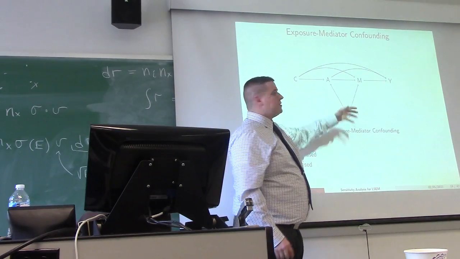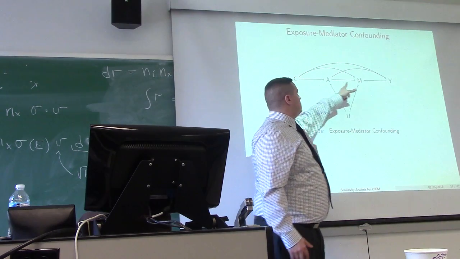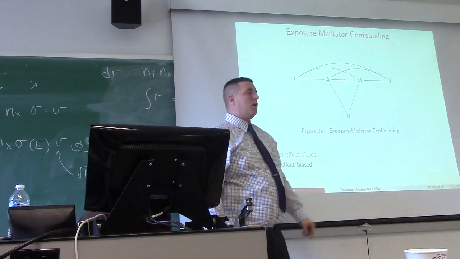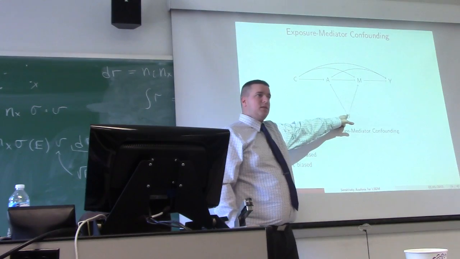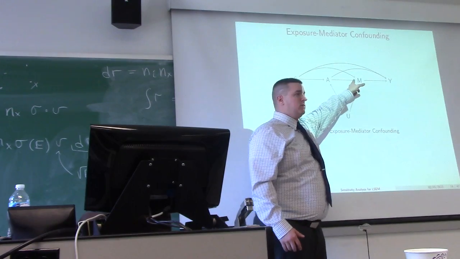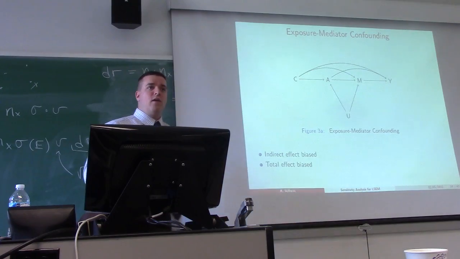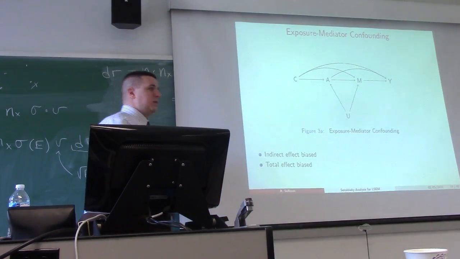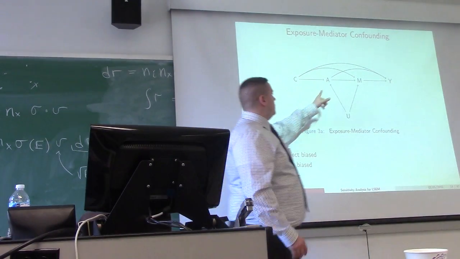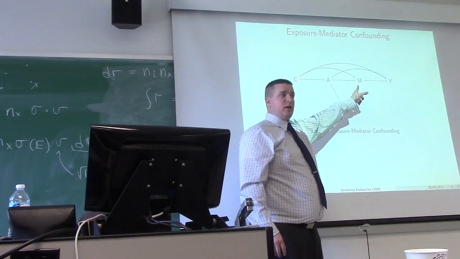What happens here, the reason there's bias present here is this exposure and this mediator are associated because of this unmeasured confounder. So if this arrow was not here at all, so there should be the zero effect, let's say, for your exposure mediator, your software or your statistical tools would give you an effect for this because of this unmeasured relationship here.